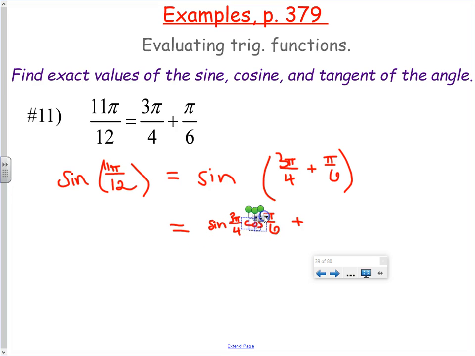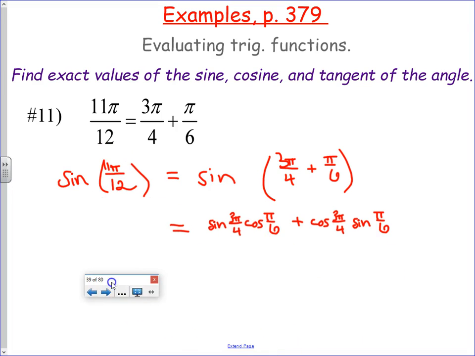Sine of u, cosine of v, plus cosine of u, sine of v. And even though we could maybe have approximated, we couldn't have known for sure 11 pi over 12. Psh, we can do all these pieces.